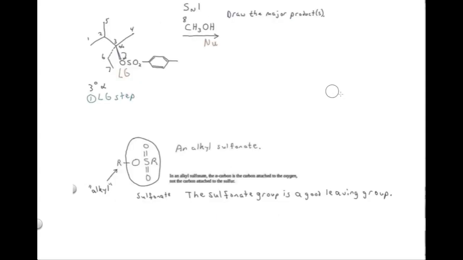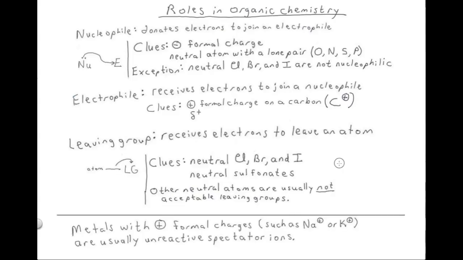So we have seen that in an alkyl sulfonate, the sulfonate group is a good leaving group. And notice that the sulfonate leaving group is neutral before it leaves. Now, that is consistent with this summary of roles in Ochem that we saw in the first video in this series. This tells us that neutral chlorine, bromine, and iodine are acceptable leaving groups, and it also tells us that neutral sulfonates are also acceptable leaving groups.